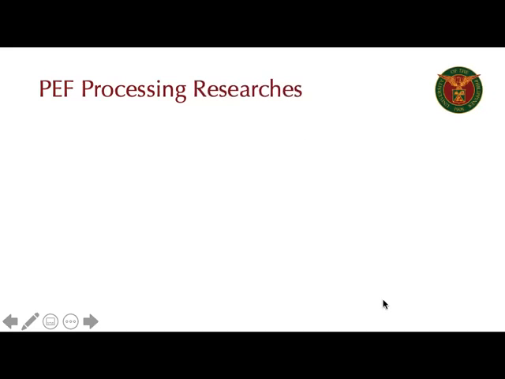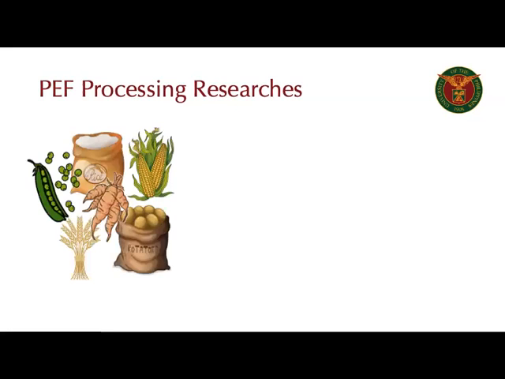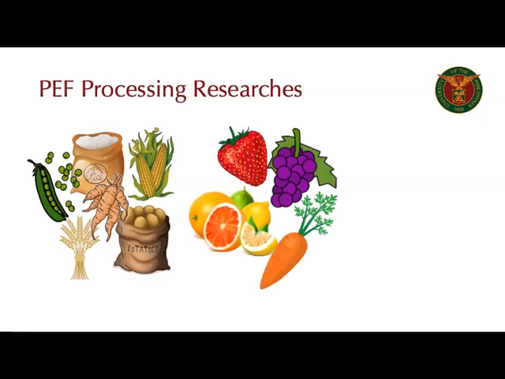There are actually a number of published studies reporting the impact of PEF on certain food materials. For example, there are studies that look into the impact of PEF on the properties of cereals, legumes, and tubers. There are also studies looking into the impact of PEF on the properties of fruits and vegetables, like what we have here: strawberries, grapes, citrus fruits, carrots.